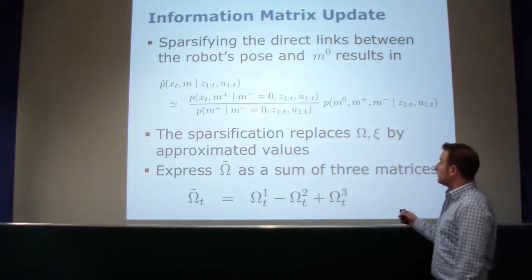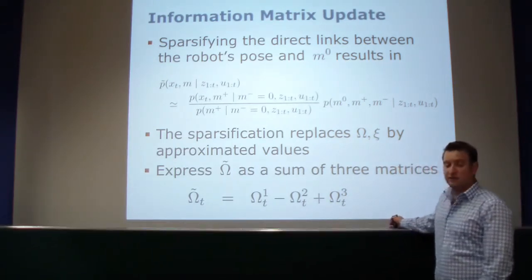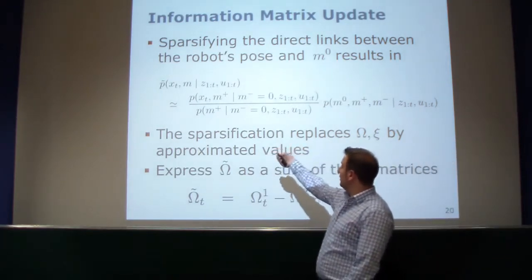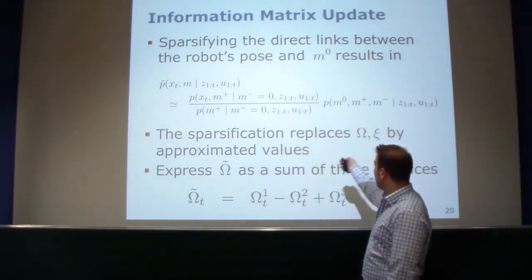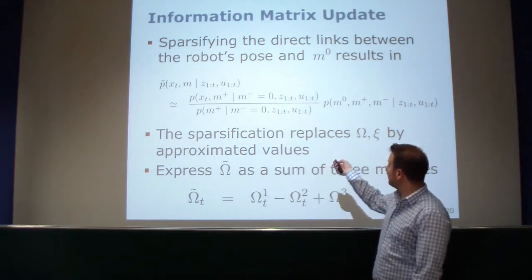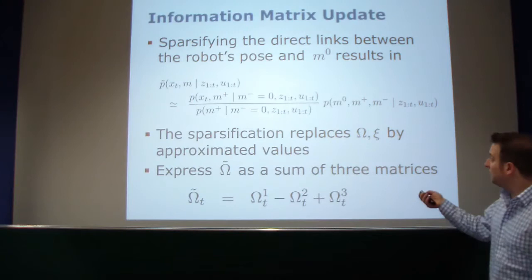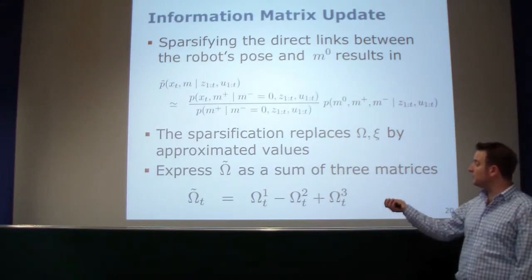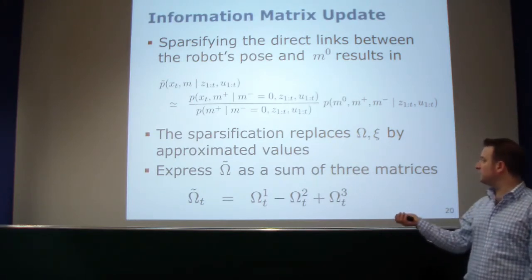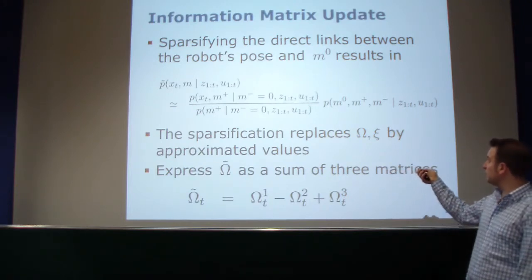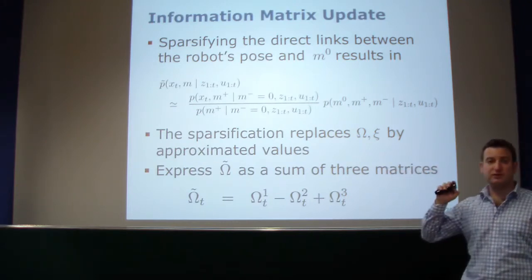Okay, so the thing we need to do now is, these are all Gaussian beliefs. So this can be expressed by computing the information matrix, the approximation, as a sum of 3 information matrices: one corresponding to this term, minus one corresponding to this term, plus one corresponding to this term.